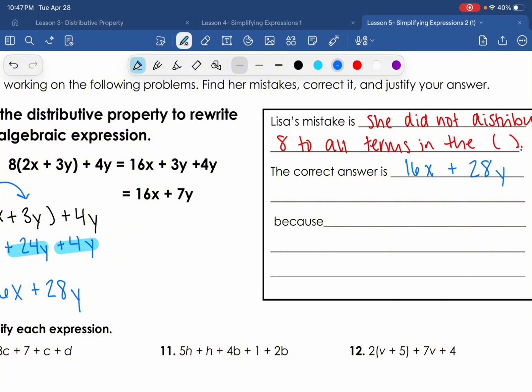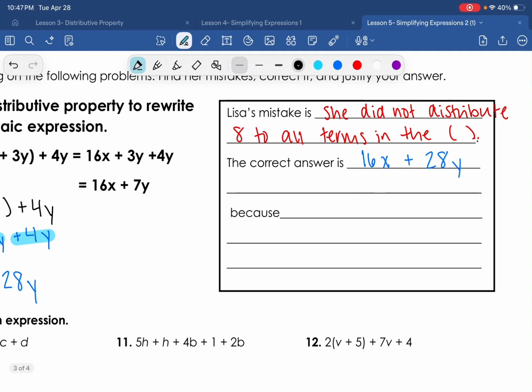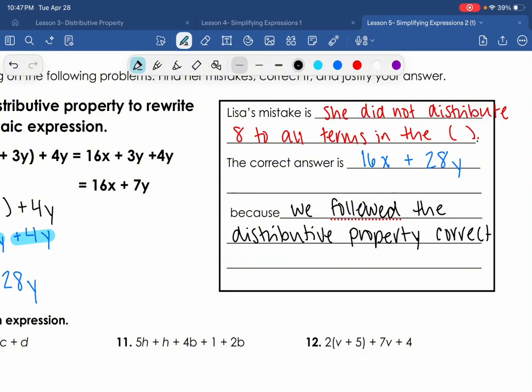And how do we know this? Because we followed the distributive property correctly, and then combined like terms.